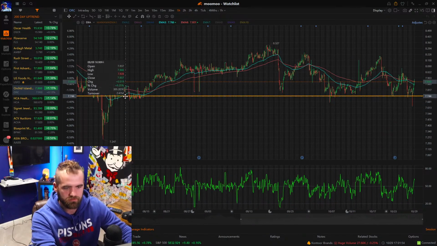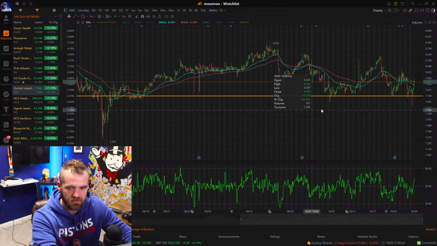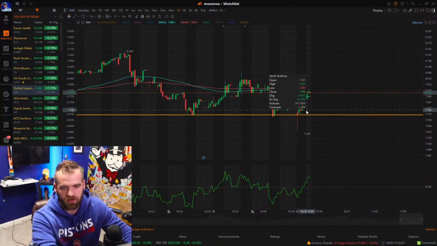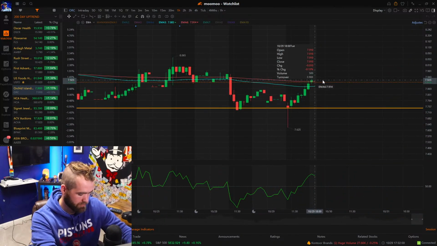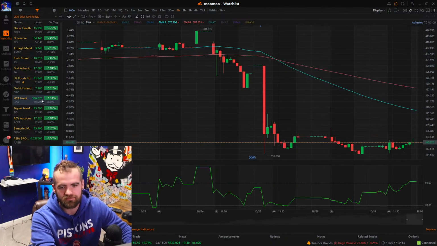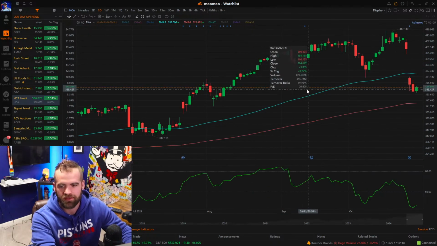Pretty much since the past month or so, it's been hard support at the 775 range, right in this range. So I saw this thing today and I thought, okay, if we could get a move going up, that would be good. And obviously I didn't punch it and buy some, but it's just funny to look at.